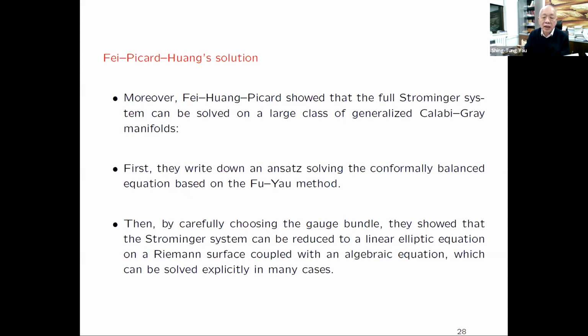And they wrote down an ansatz solving the conformally balanced metric equation based on the method that I developed with Fu. And by carefully choosing the gauge bundle, they showed that the Hull-Strominger system can be reduced to a linear elliptic equation on a Riemann surface, coupled with an algebraic equation, which can be solved explicitly in many cases. So that's very good. You can solve it explicitly.